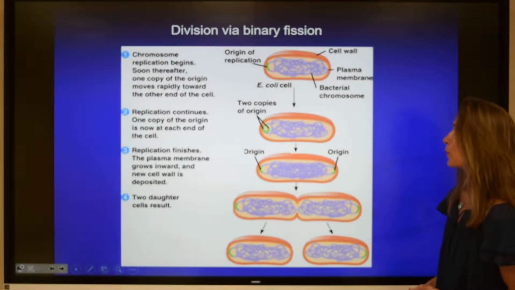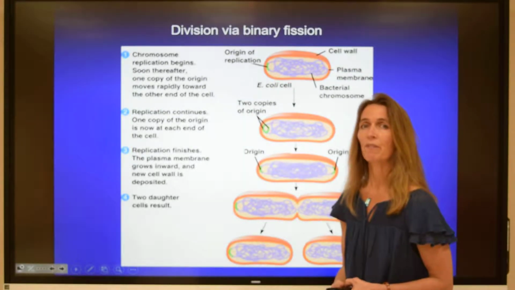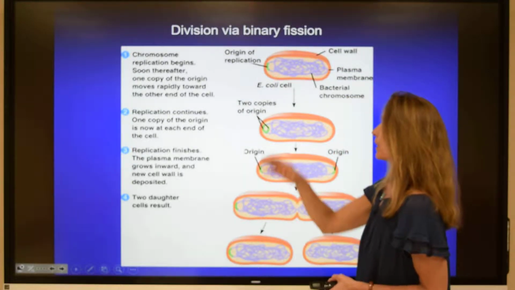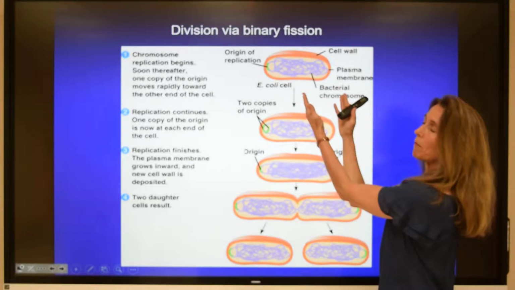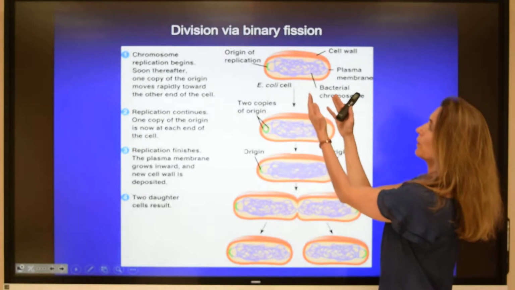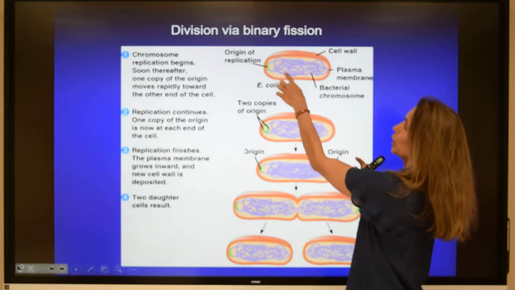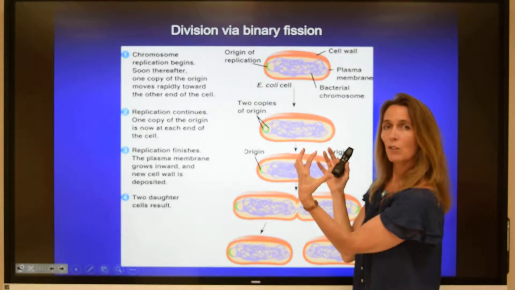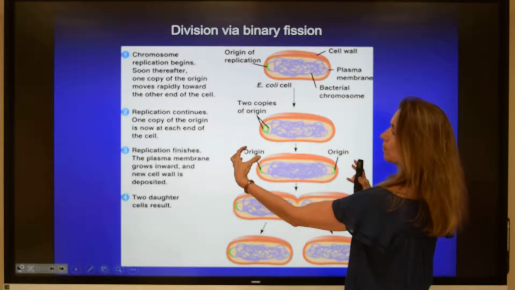So how do bacteria, and in general prokaryotic organisms, divide? They divide by binary fission. What that means is you have one mother cell, and within this mother cell the circular genome is duplicated and then divided within the mother cell.